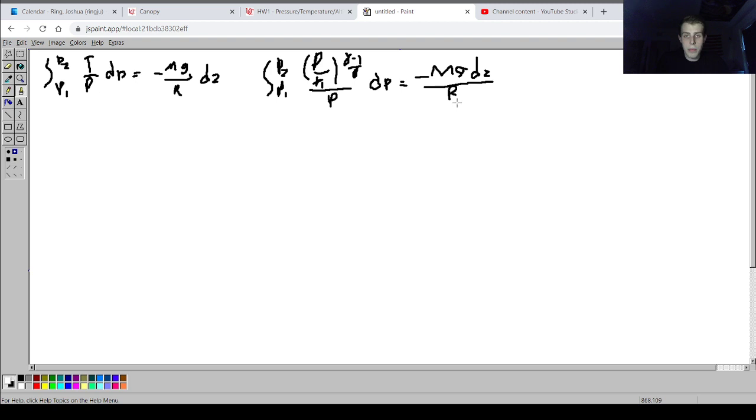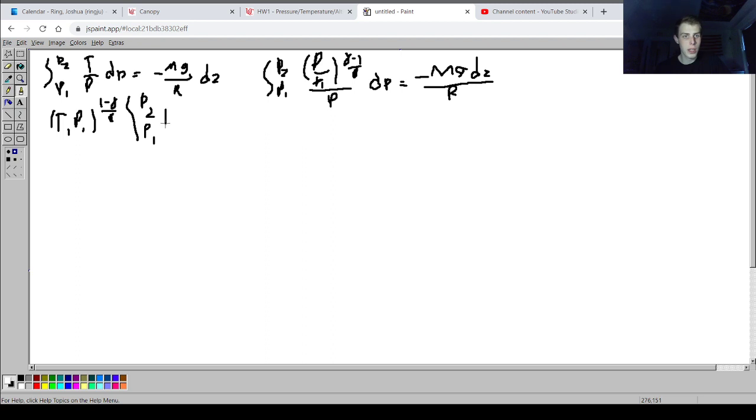So then our next step is we are going to pull out the t. We want to get it into the front. So our equation will now look like t1 p1, and that's going to be to the power of 1 minus lambda over lambda. And the reason this changes is because we are taking it outside of the integral. That's why it flips. And we'll still have our integral p2, p1. But this is going to change up a little bit.